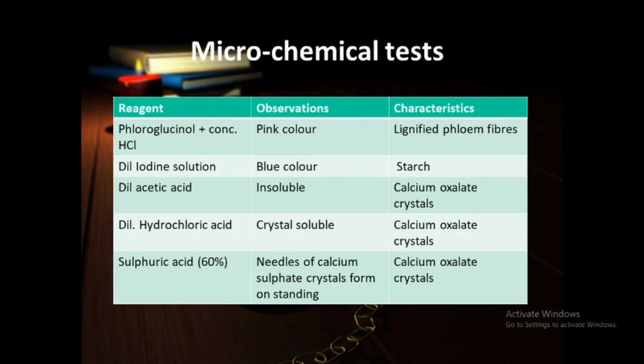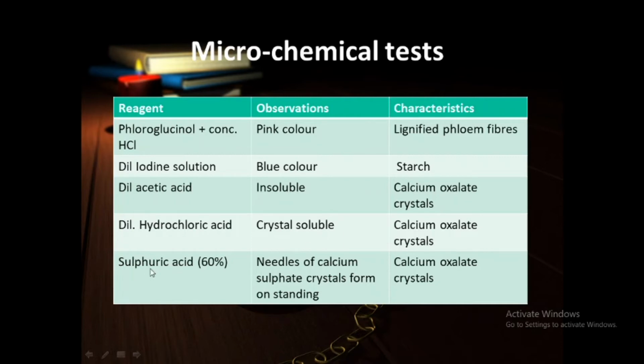Just see the microchemical test. The lignified phloem fibers present in the cinchona bark show pink color in presence of phloroglucinol and concentrated HCl. The starch grains show blue color in presence of dilute iodine solution. In presence of dilute acetic acid, the calcium oxalate crystals are insoluble, whereas in presence of dilute hydrochloric acid, the calcium oxalate crystals are soluble.